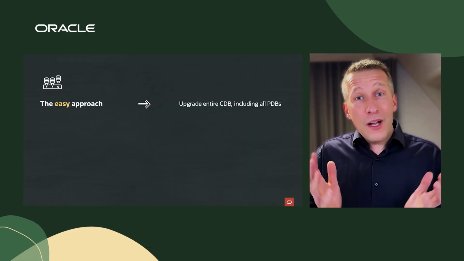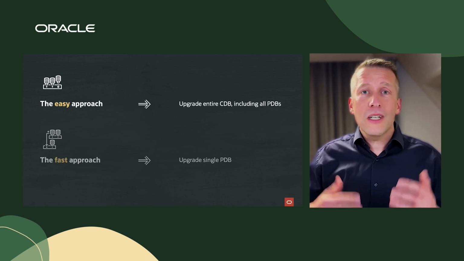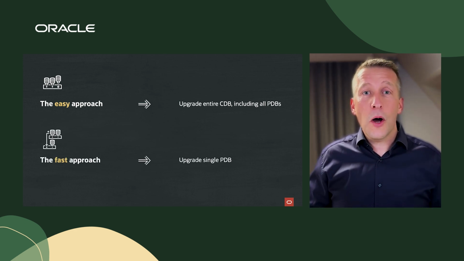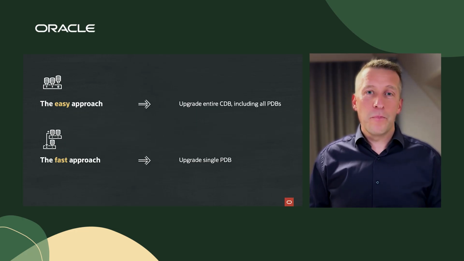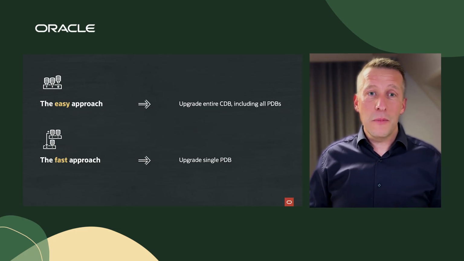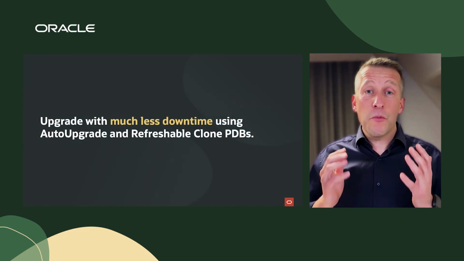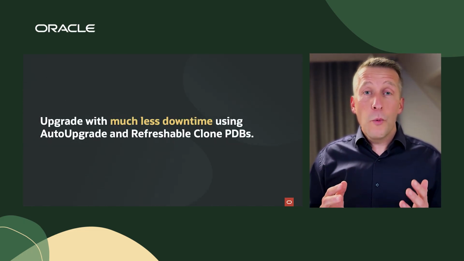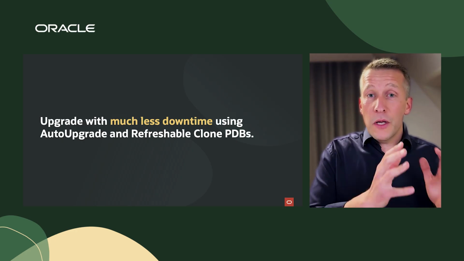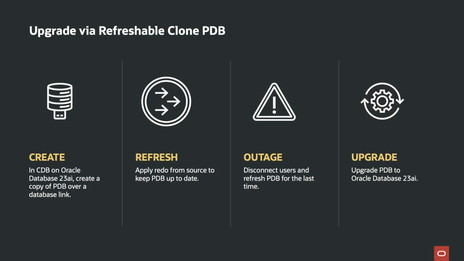But that will upgrade the entire container database with multiple PDBs, and of course that takes more time than just upgrading a single PDB. The fastest possible upgrade is by upgrading a single PDB. If you want to do that, you can use AutoUpgrade and Refreshable clone PDBs, where you can move your database from the old 19c CDB into a new database and just upgrade that single PDB.